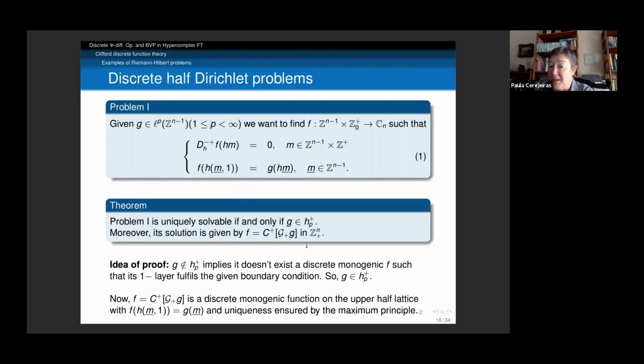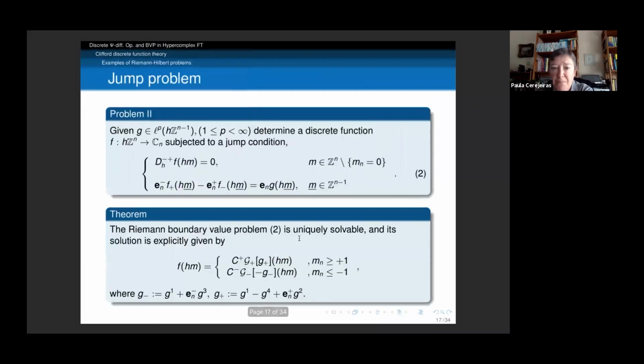And from here, that's what this operator does, the generator of the pairs 0 layer, 1 layer, that construct a discrete monogenic function in the upper half space. And then you apply the Cauchy operator and obtain the solution. This is rather nice. And well, that's the idea of the proof, but let's go ahead.